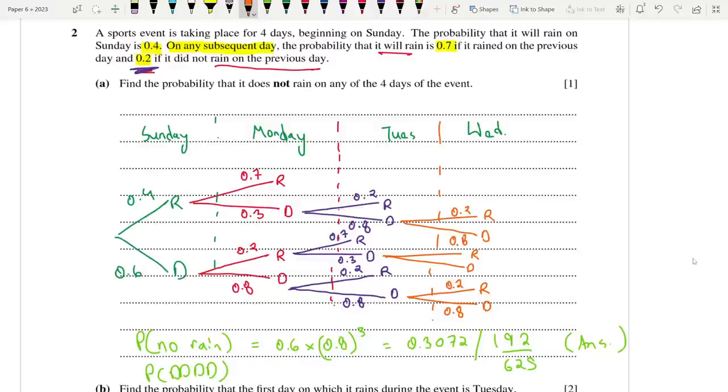Here the probability is 0.2 and 0.8, as it did not rain the previous day.